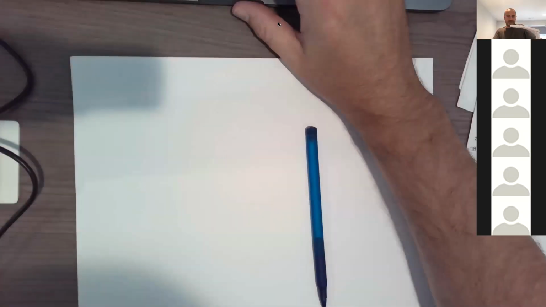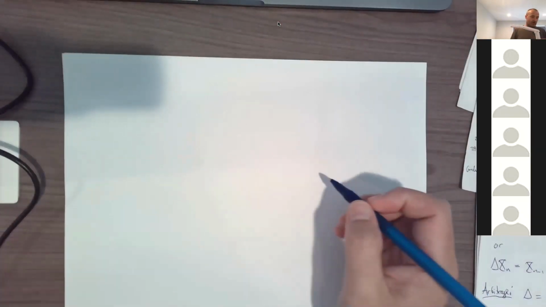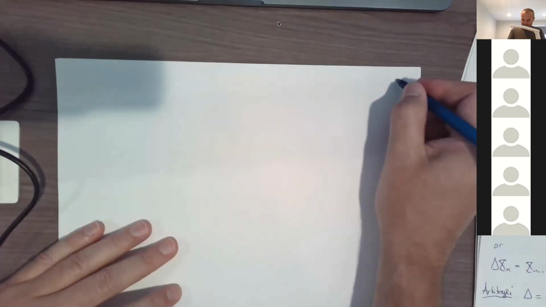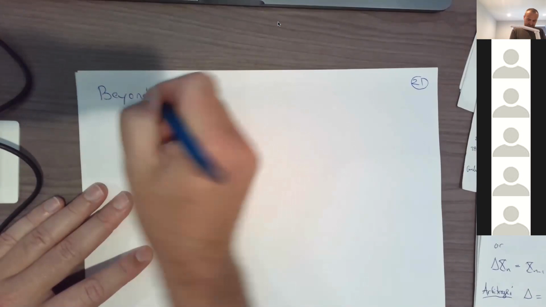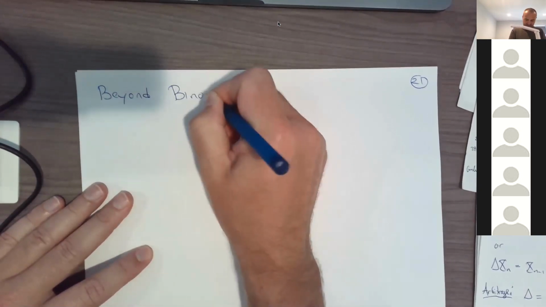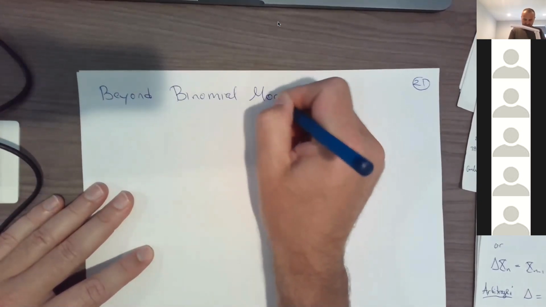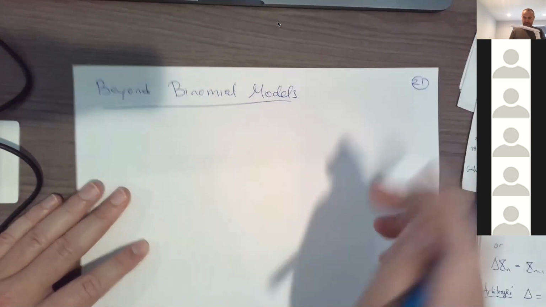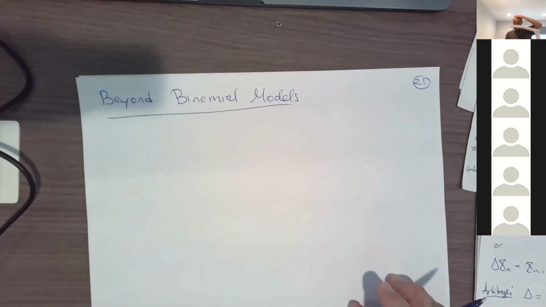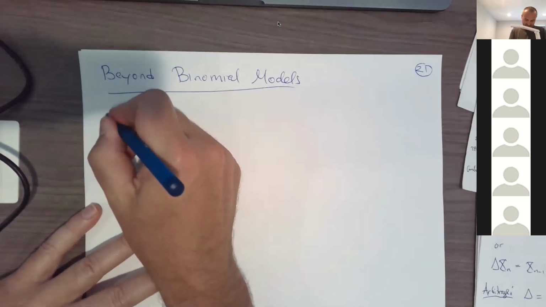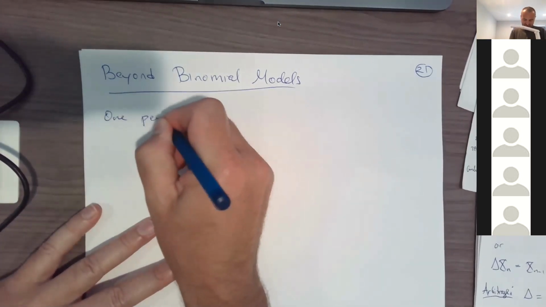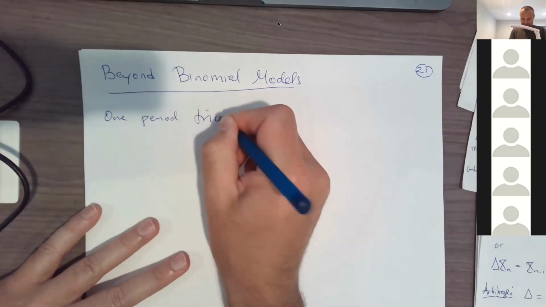So let me make this the last bit that I'm talking about today. Right, so if you want to move beyond binomial models, why not just try a one period trinomial?